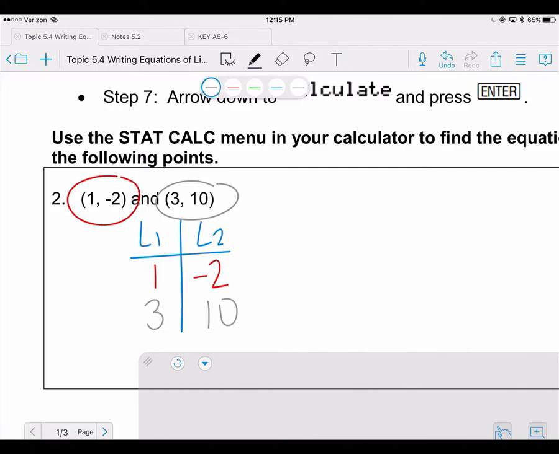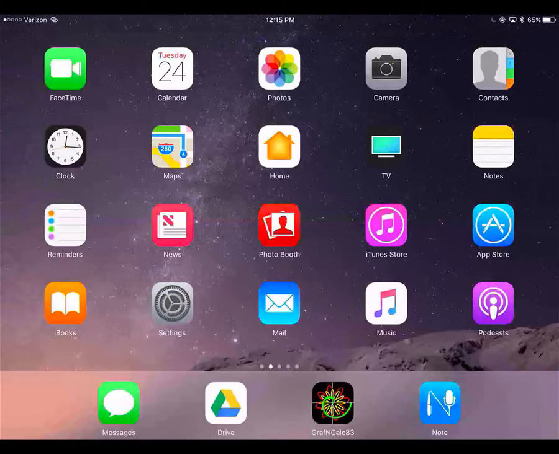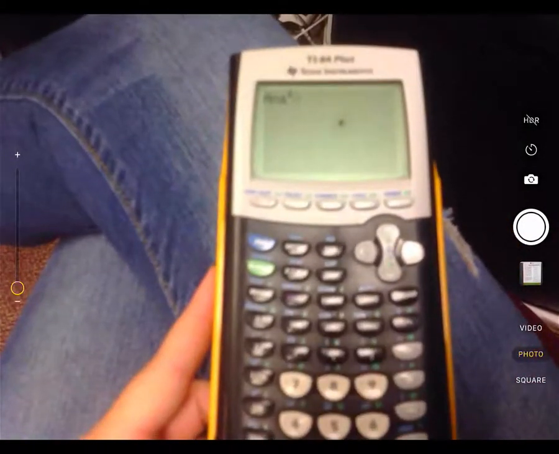So if you notice, my x's are in list 1 and my y's are in list 2. So on our calculator, we are going to follow these steps. You can see the calculator right here.